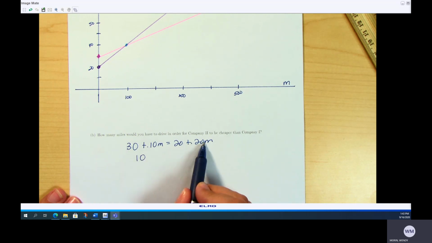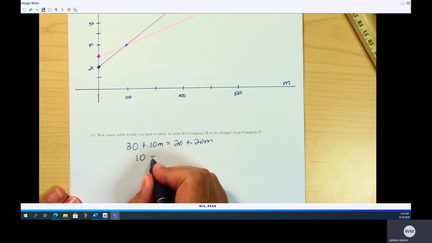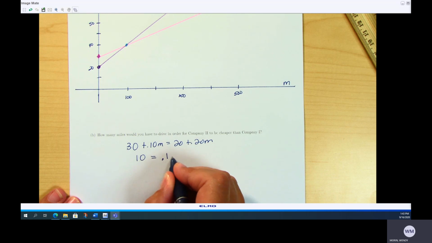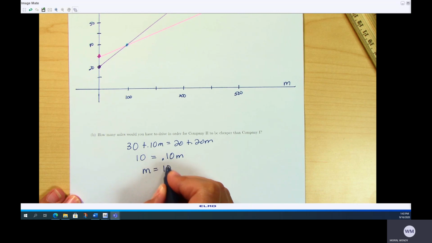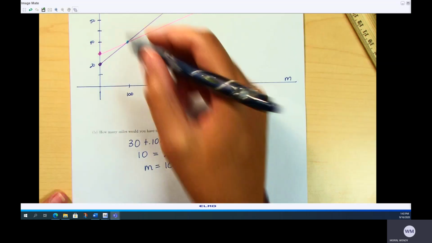Subtract 0.1 m from both sides, and you get 0.10 m. Divide by a tenth. Dividing by a tenth is the same as multiplying by 10. So you get m is equal to 100. So that's when they're equal to each other.